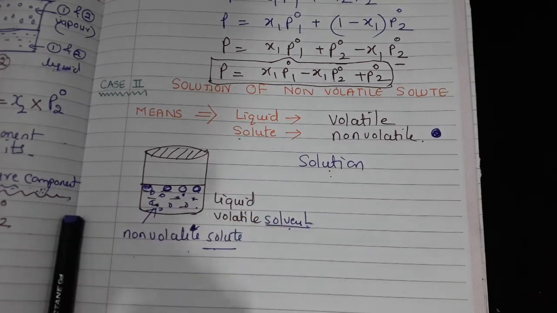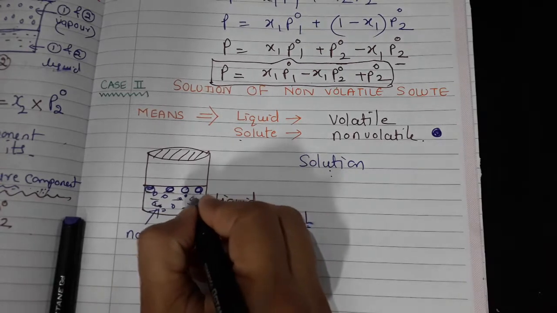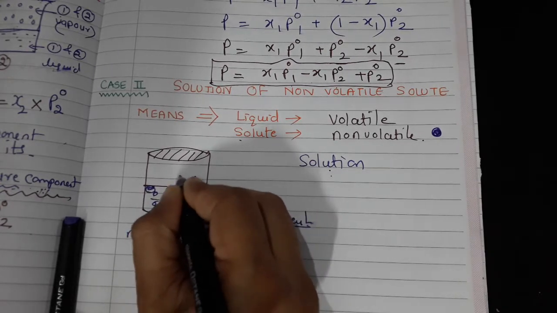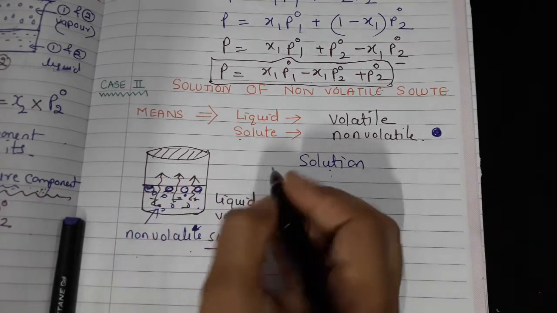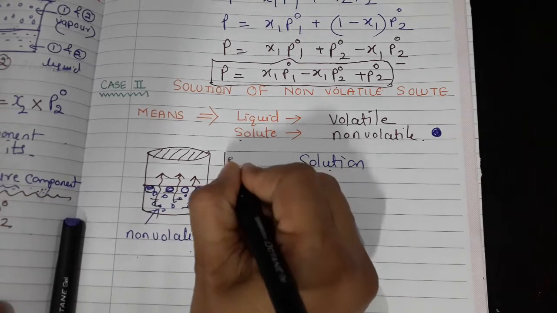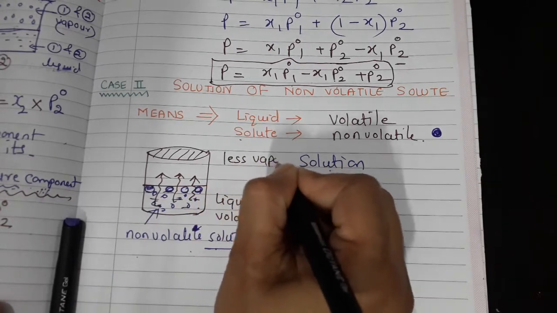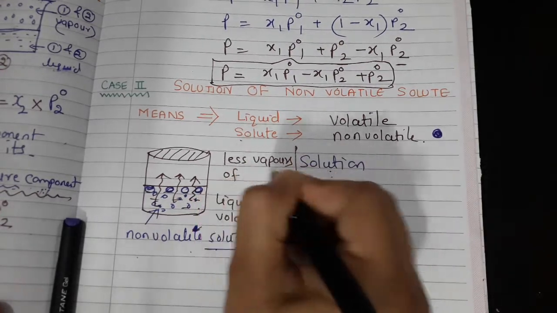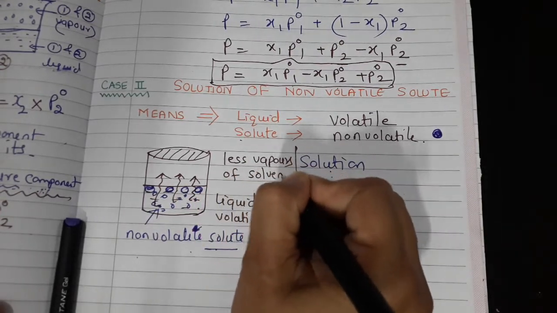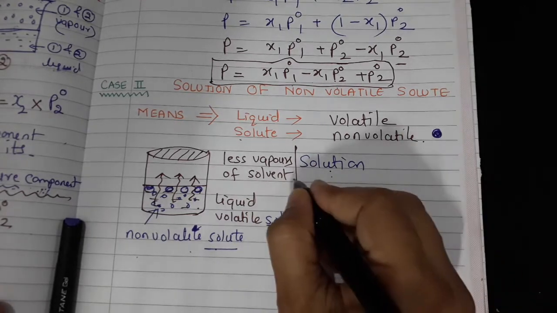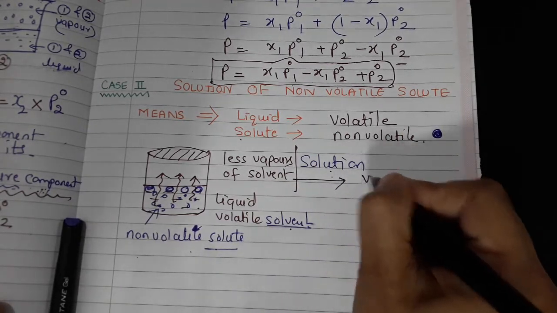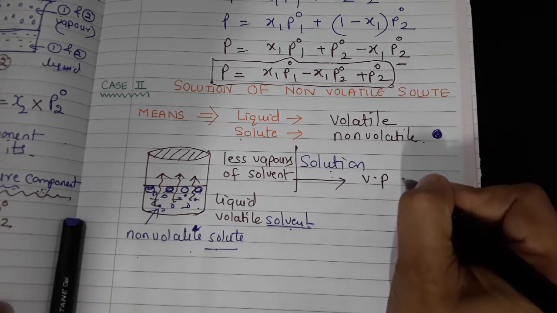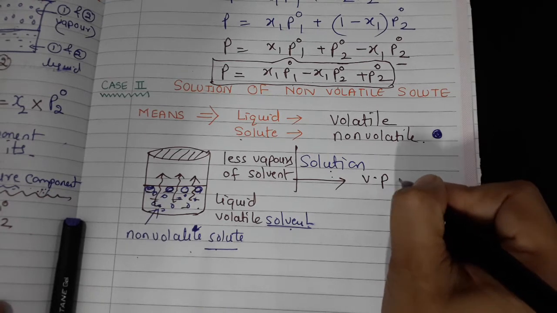Thereby the number of solvent molecules escaping into the vapor state decreases. So fewer vapors of solvent will escape, and if the vapors are fewer in number, vapor pressure will be less.